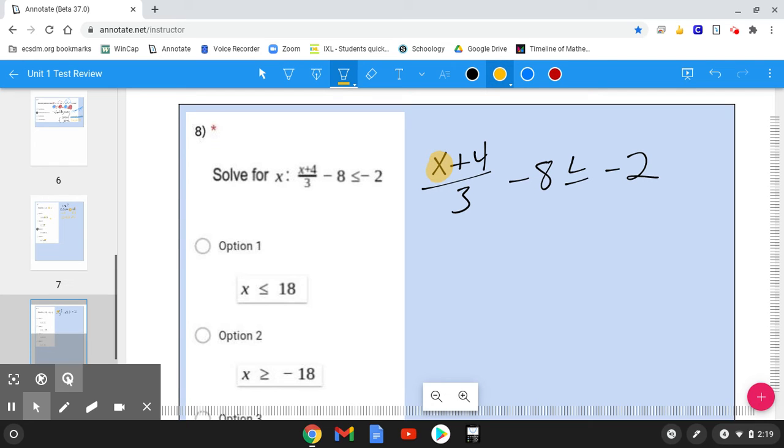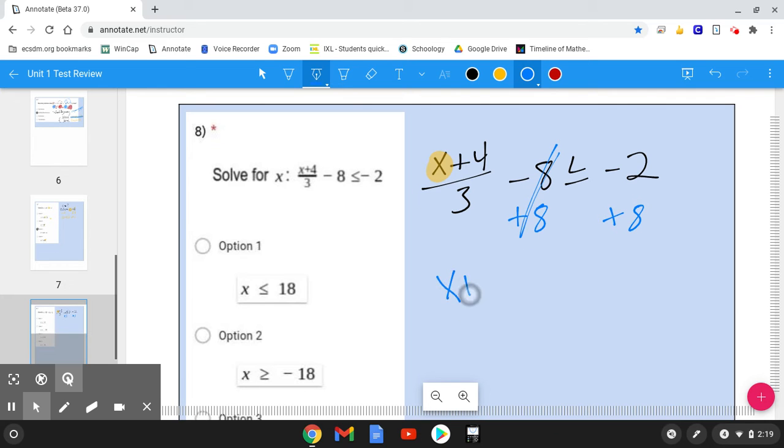What's on the same side as x you don't want? Well, we have lots of things. There's the plus 4, divided by 3, minus 8, all those. And we're going to get rid of them step by step. So we'll start by getting rid of the minus 8. How do you get rid of this minus 8? We'll add 8 to both sides. So your 8's cancel out.